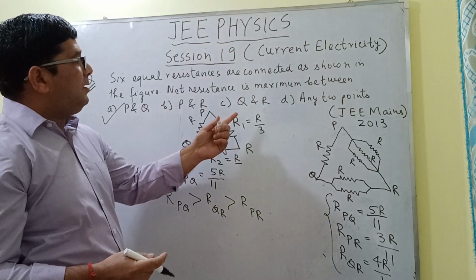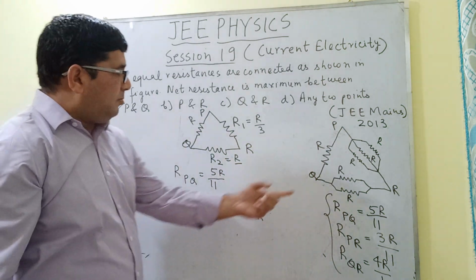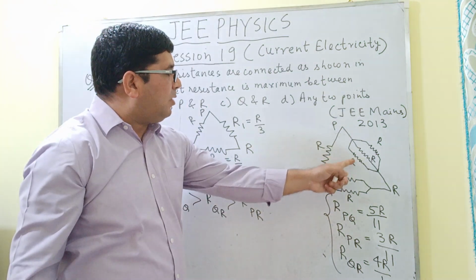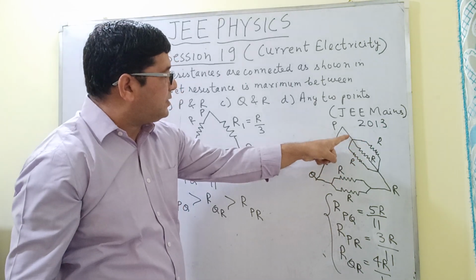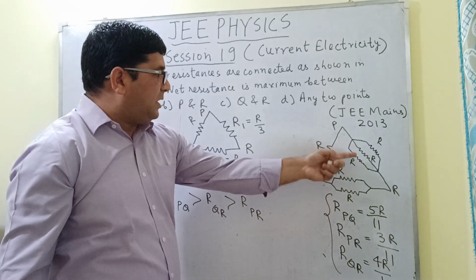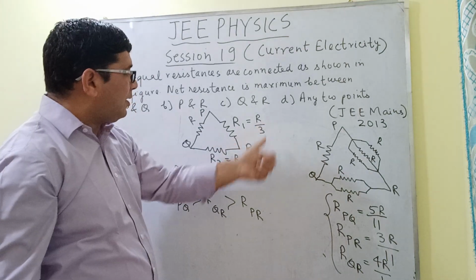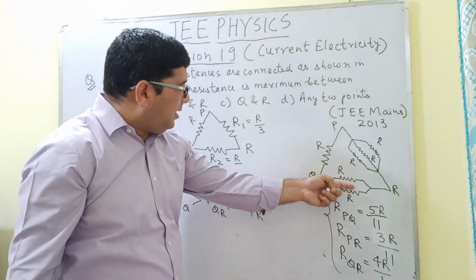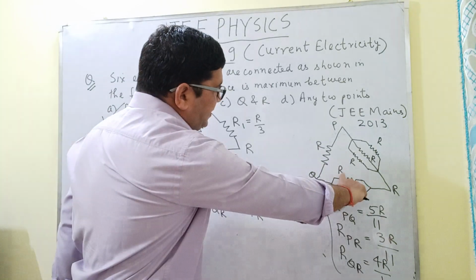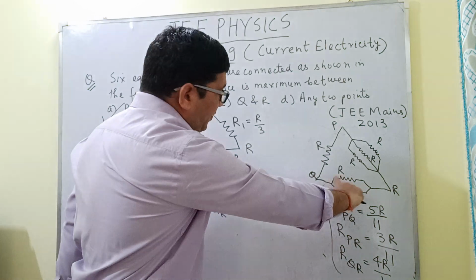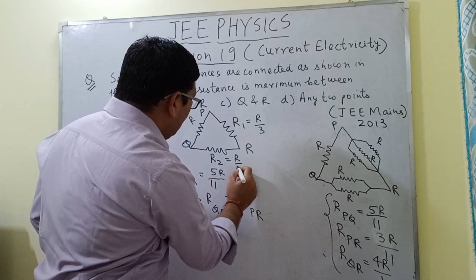Now if you look at this question, you will find that it is very easy, because it is easy to find the equivalent resistance of the three resistors connected between the points P and Q, since they are in parallel. I found this equivalent resistance, which was equal to R by 3. Similarly, I found the equivalent resistance of the resistors between the points Q and R, which was equal to R by 2.